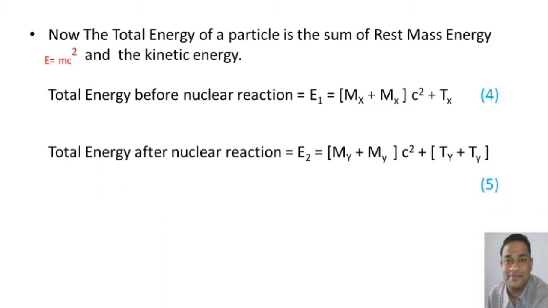Total energy after the nuclear reaction is denoted by E2, and it is equal to total rest mass, that is the rest mass of product nuclei and product particle multiplied by c square plus their kinetic energies. So the difference in energy is given by E2 minus E1.